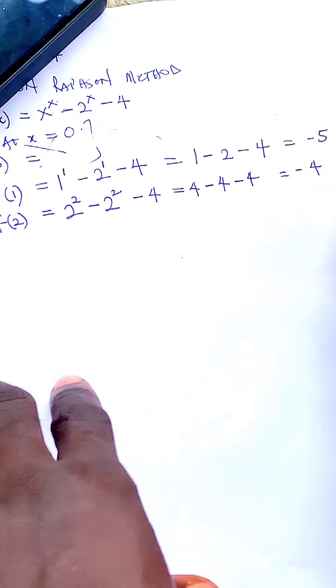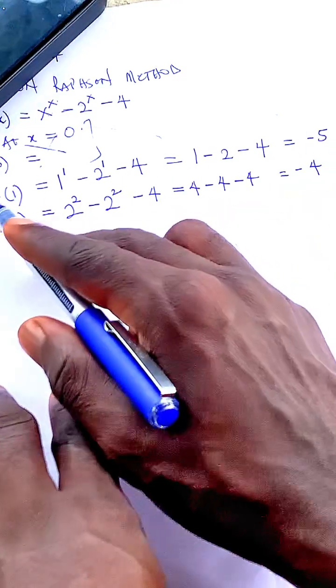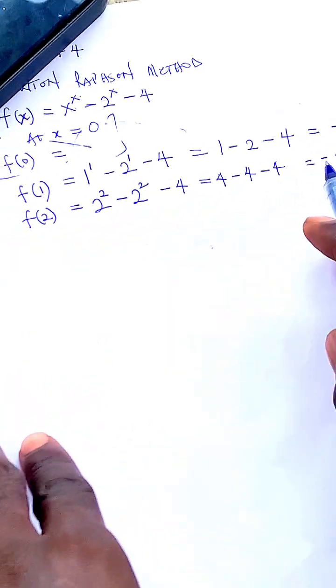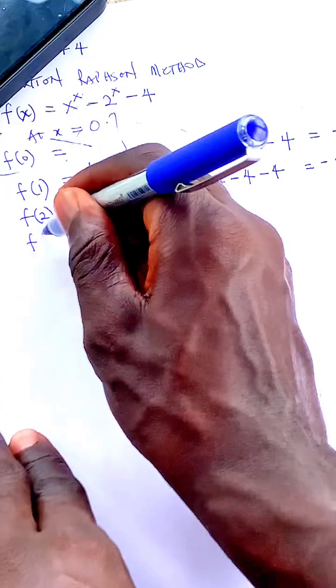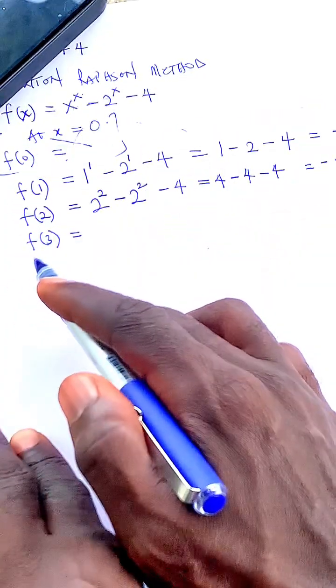You see now that minus 4 is closer to 0 than minus 5. So this one now is irrelevant. Then let's work more. Function of 3. We are just trying at x equals 3. Okay, don't allow this function to deceive you.